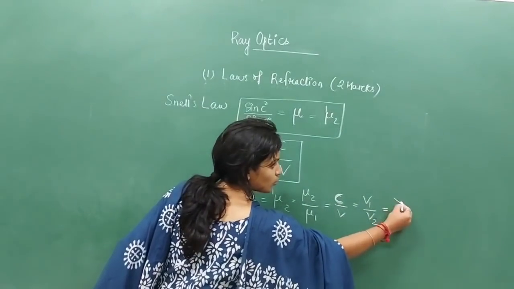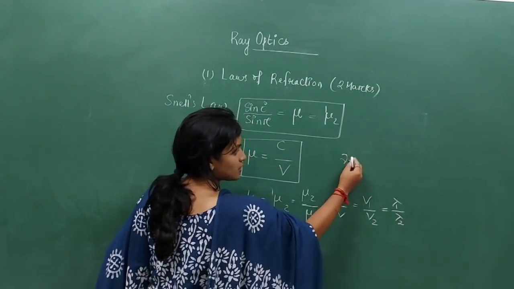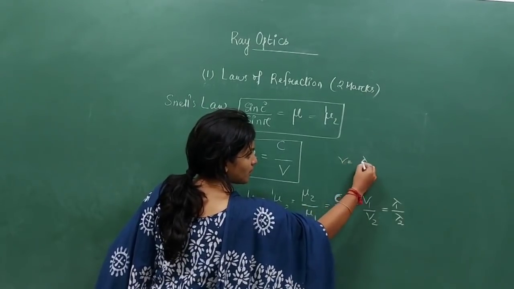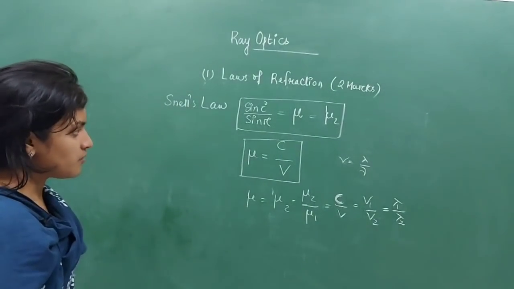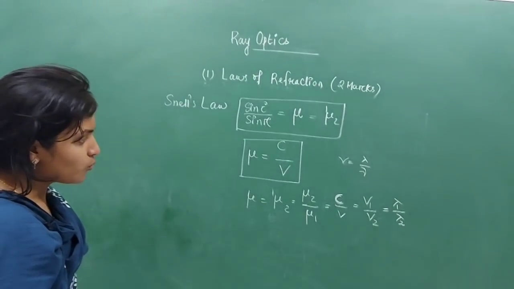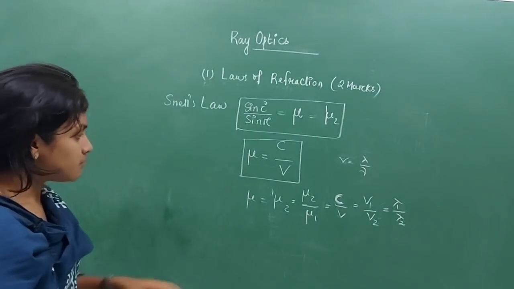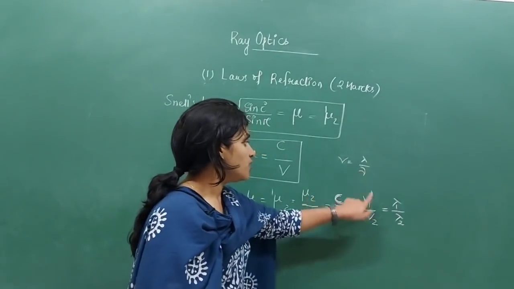And actually this is equal to lambda 1 by lambda 2, since v equals lambda by mu, and mu remains constant. That is why I have written v1 equals lambda 1 and v2 equals lambda 2, and mu gets cancelled.